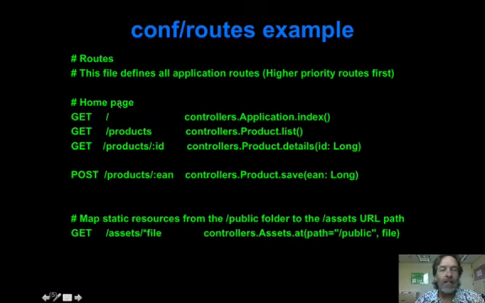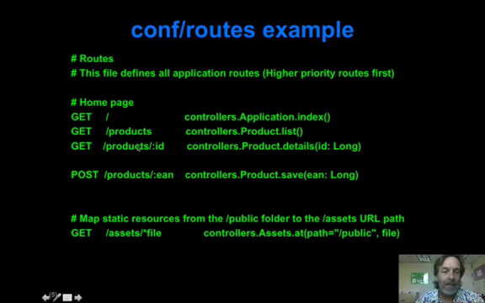Basically, things with a hashtag are comments, and then a line will have an HTTP method, then some kind of route string, and then the fully qualified path name to the particular method that will be invoked when this pattern is satisfied.